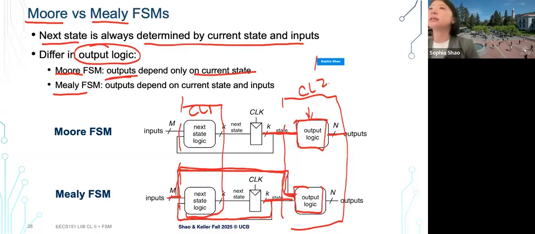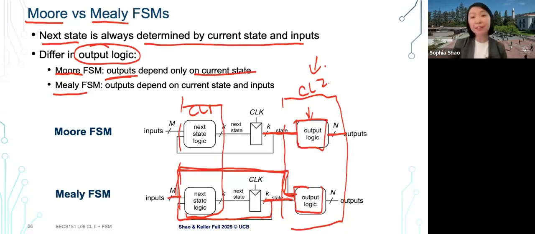So this is the key difference between the Moore machine and the Mealy machine. Why does it matter? What are some of the fundamental differences? Let's take an example to see how you can use both ways of thinking to express a sequential circuit, and what some of the implications are.